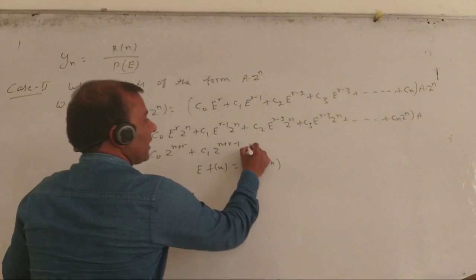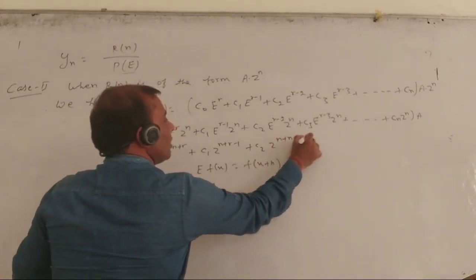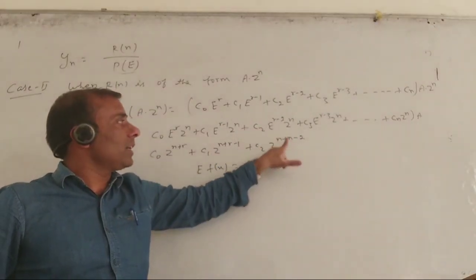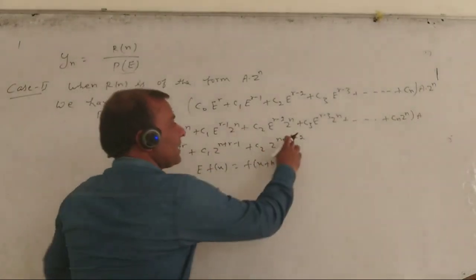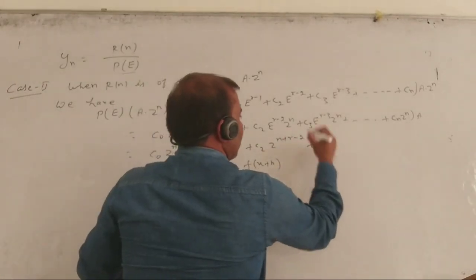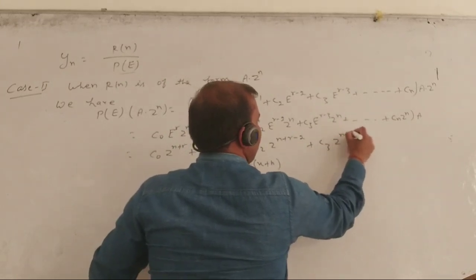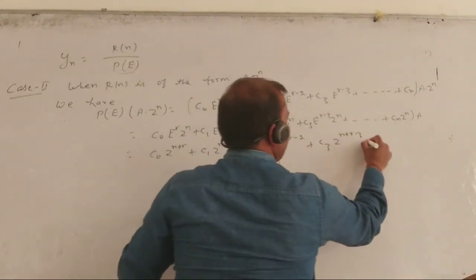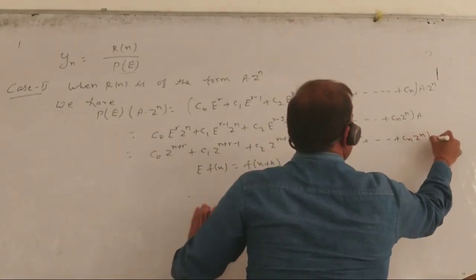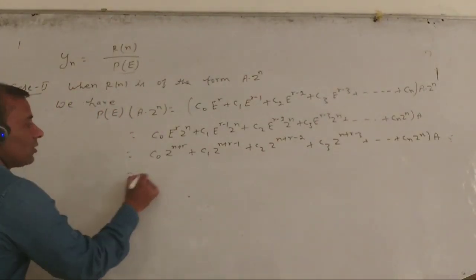Same time it becomes plus C2 Z^(n+r-2), because we have given an r-2 increment in n, and in the same way C3 Z^(n+r-3) and so on, Cn Z^n into A equals C0.